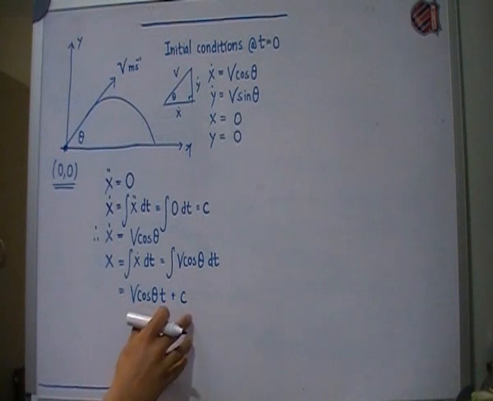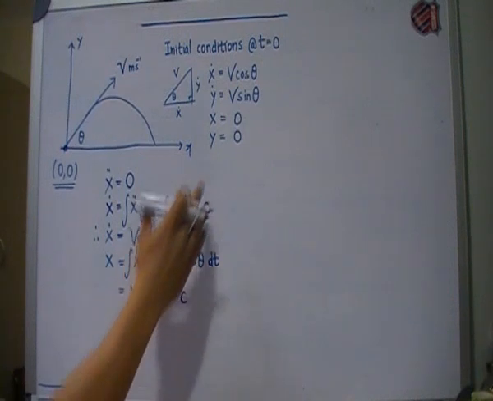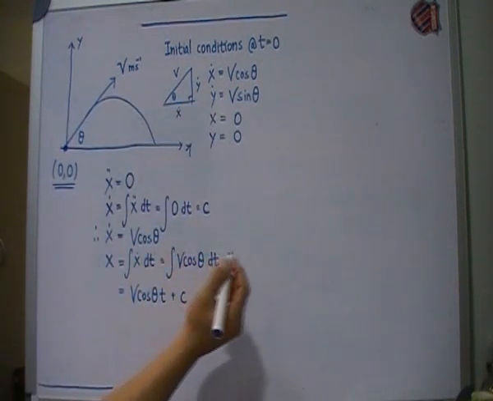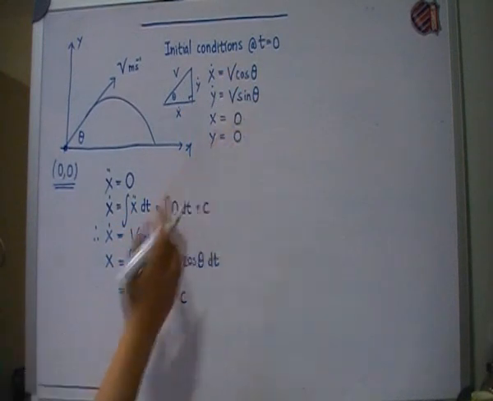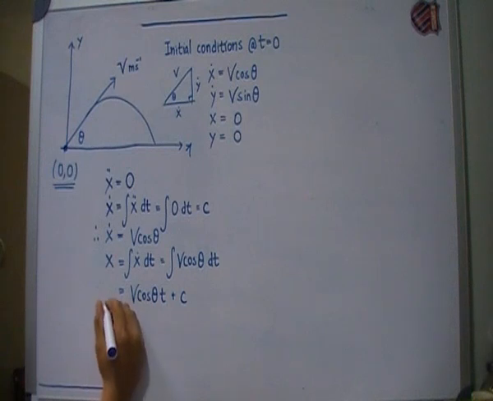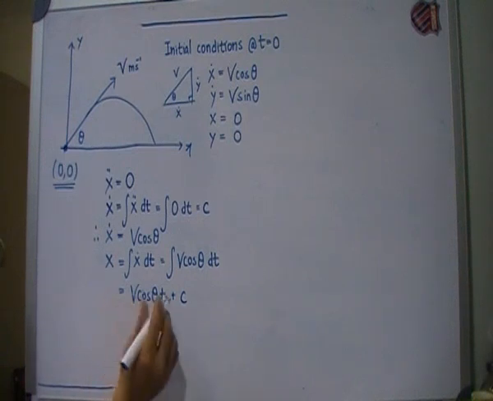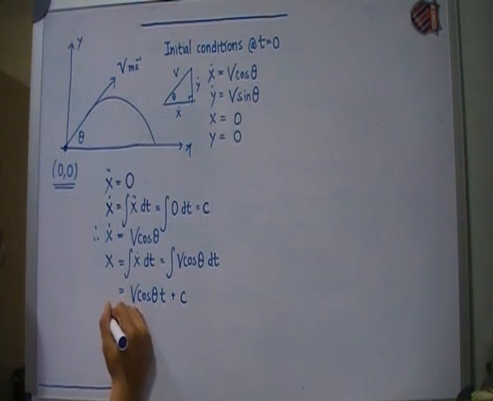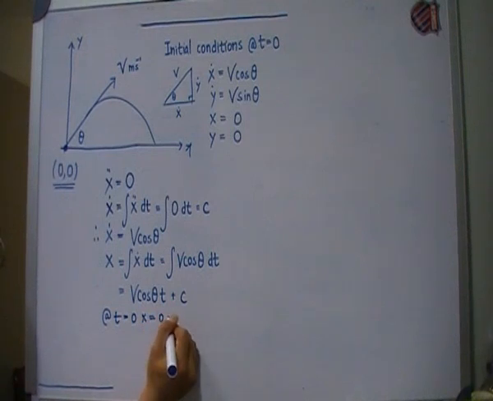Integrating that, you've got that constant part that you need to fill in. Using those initial conditions, once again, t equals 0, x equals 0, put those in: 0 equals 0 plus c. So using initial conditions, c equals 0.